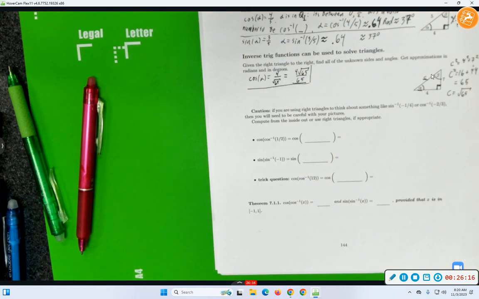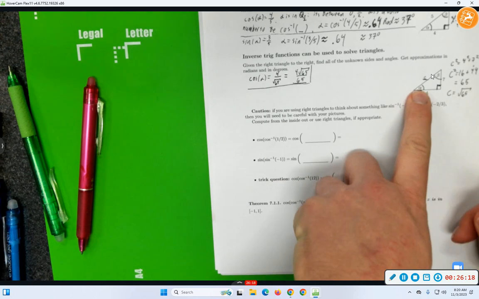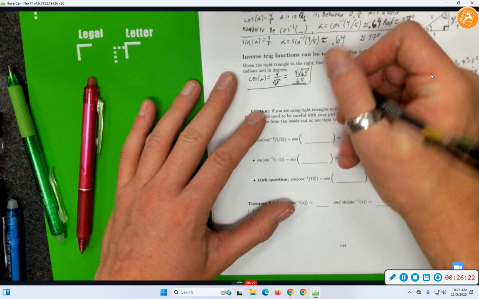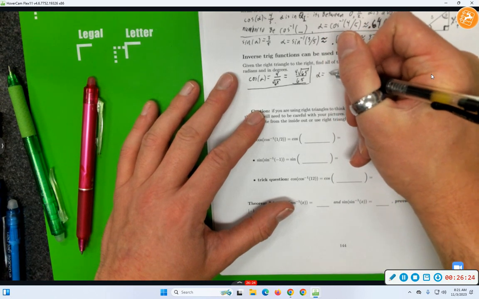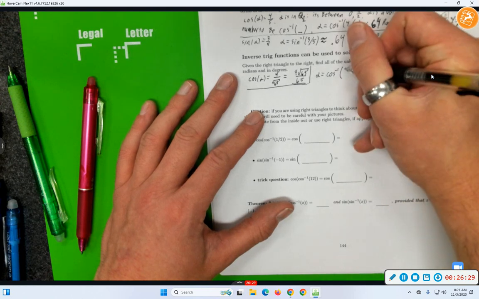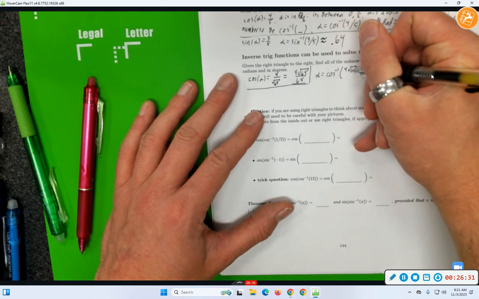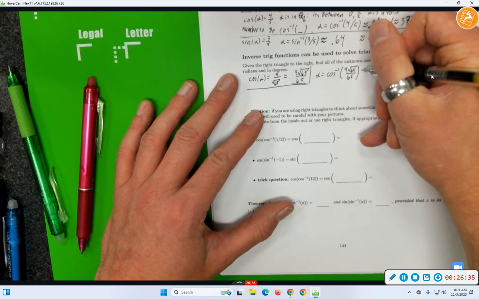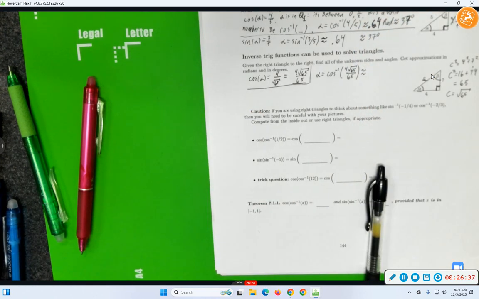So now that I have cosine of alpha equal to a number, again, this is an angle in our right triangle, so it's a valid output of inverse cosine. So this angle alpha is cosine inverse of 4 square root 65 over 65. Let's write down what that is.